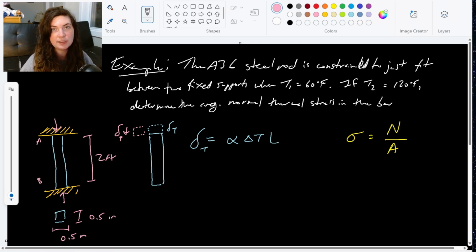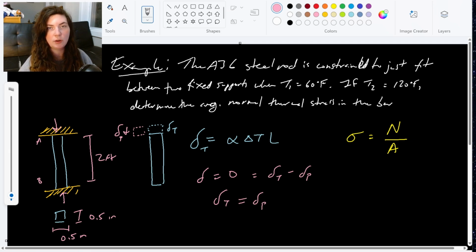The displacement has to be 0 because it's fixed between A and B. So we know displacement has to be 0. So that tells us that our displacement due to loading has to equal our displacement due to the thermal expansion. So you can write it like, delta T minus delta P equals 0, or just the thermal equals our load displacement, right? Because there are those reactionary forces acting back on the bar.